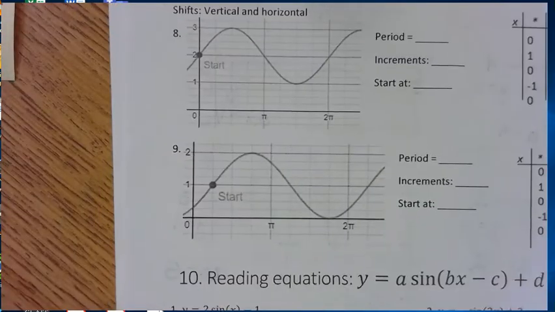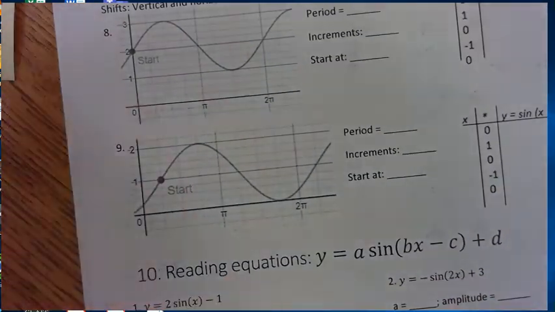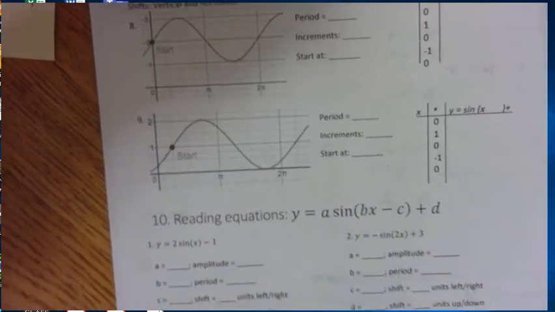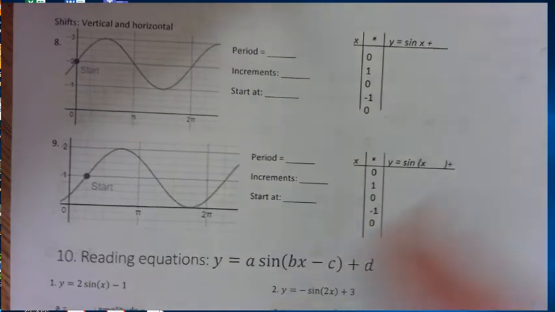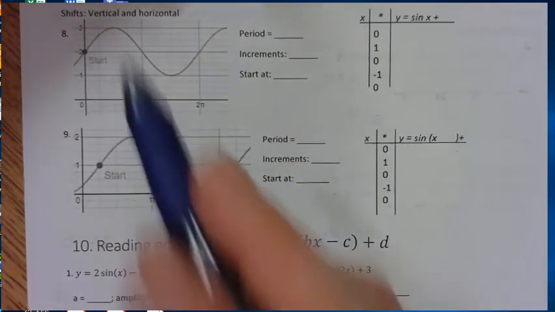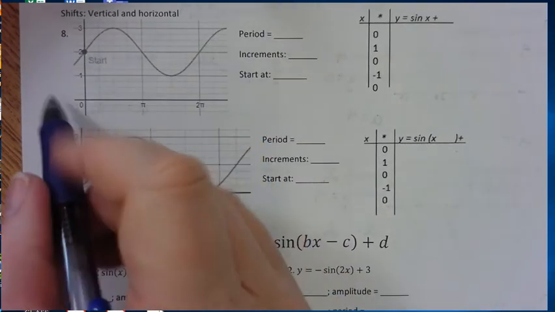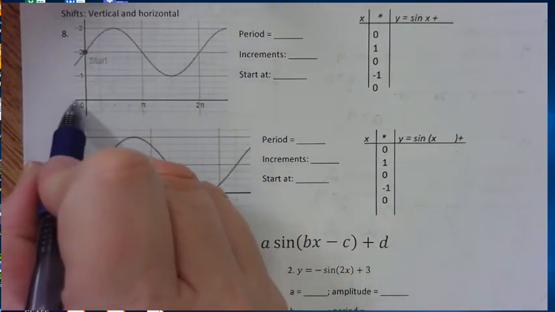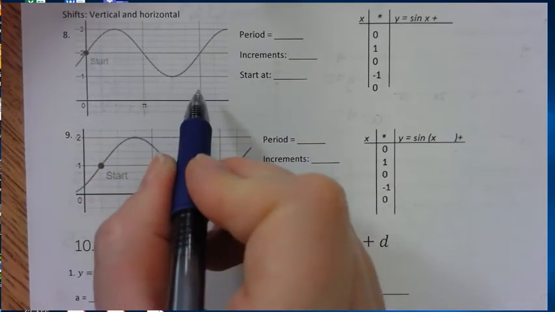Okay, number 8. Here we are. Actually going to raise this up just a smidge. There we go. All right, so number 8, we're looking at vertical and horizontal shifts. As you can see, this did not go across this y equals 0 line.